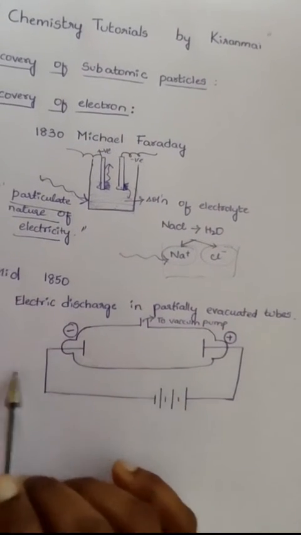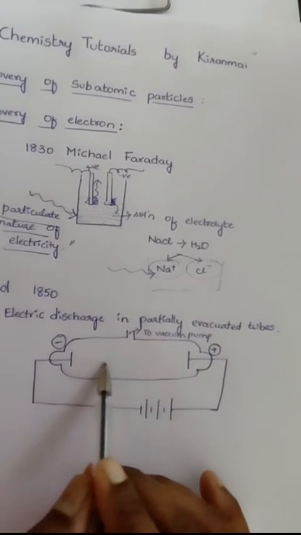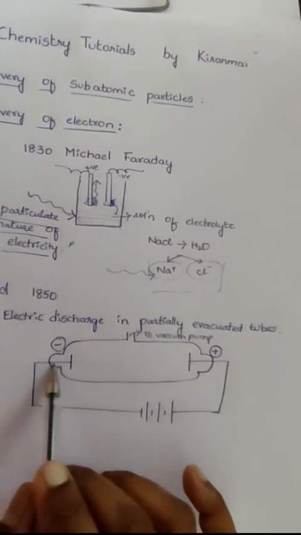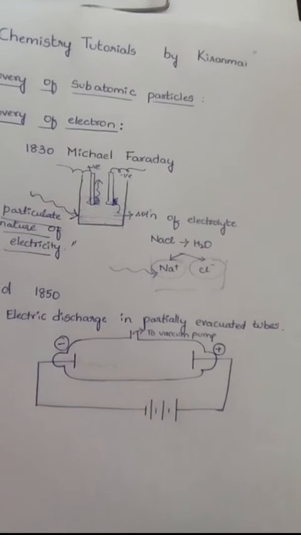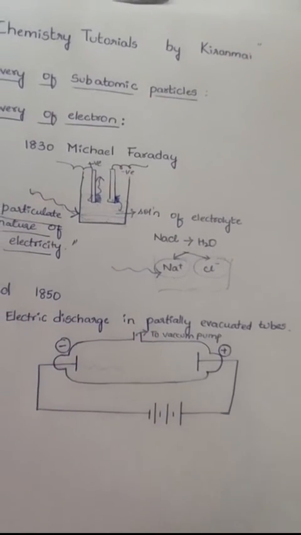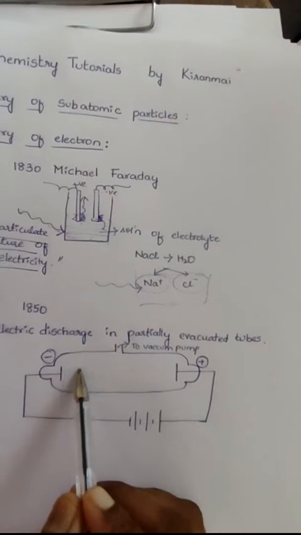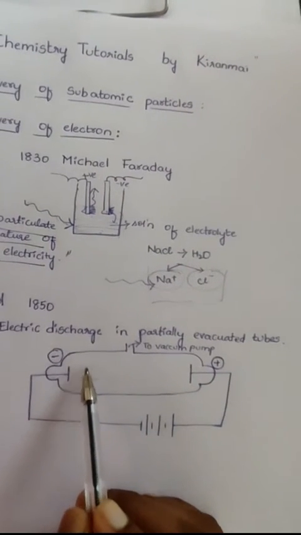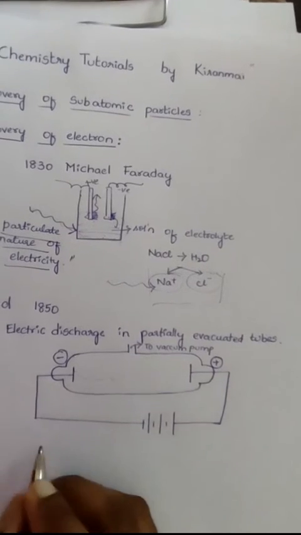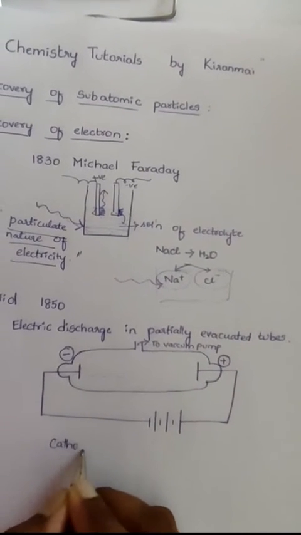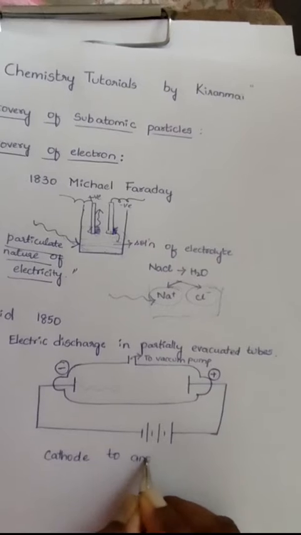When electricity is passed through these tubes, some sort of discharge or rays is observed, traveling from cathode to anode.